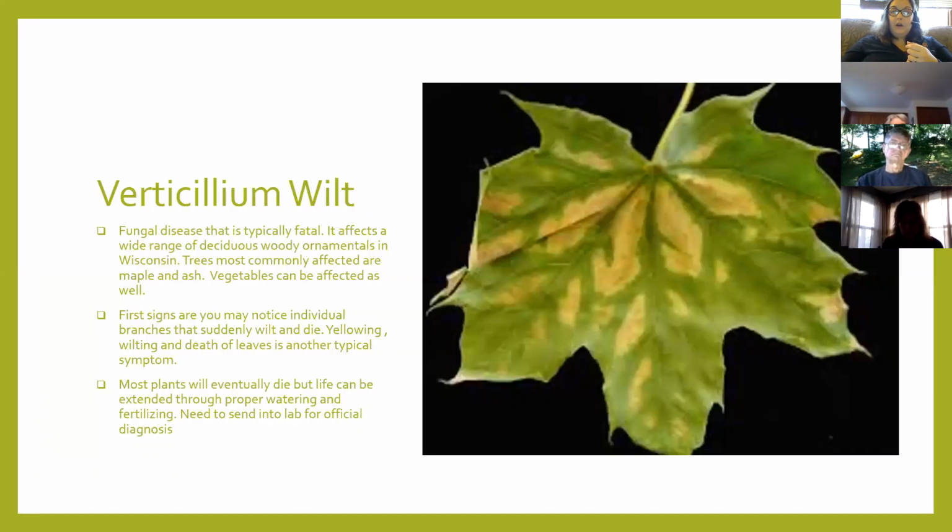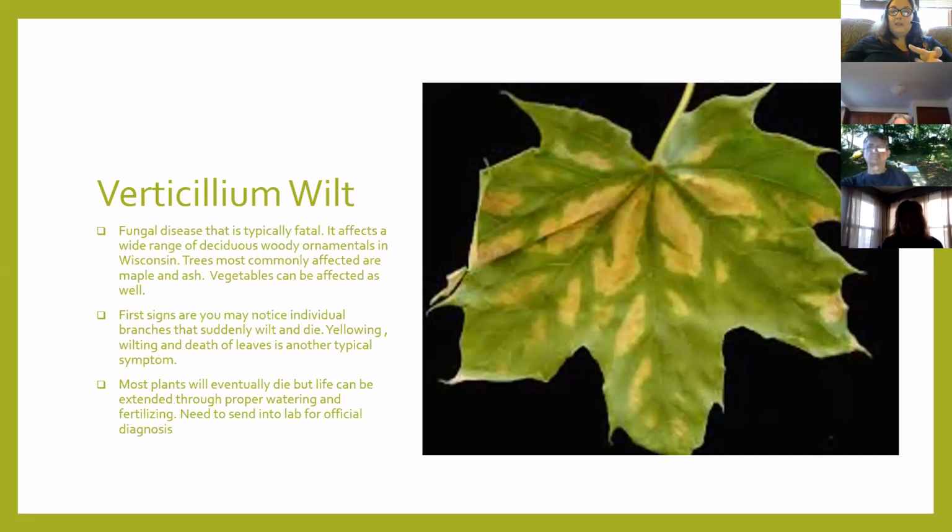Verticillium wilt. This is a fungal disease that is typically fatal. It can affect everything from deciduous woody ornamentals, even vegetables. Very similar to oak wilt, the first sign you may notice is individual branches suddenly wilt and die.